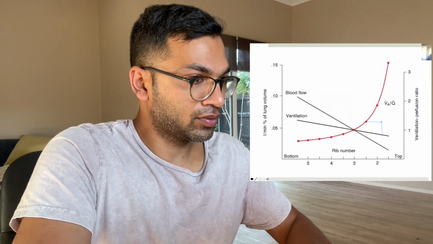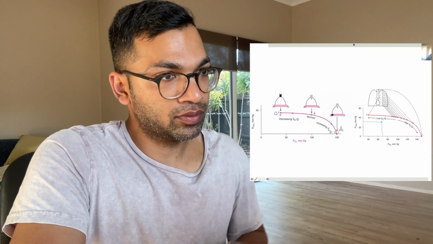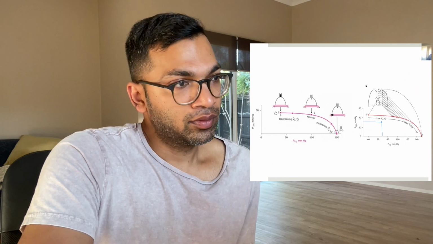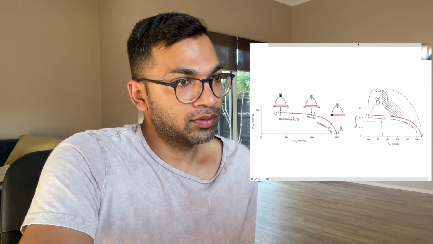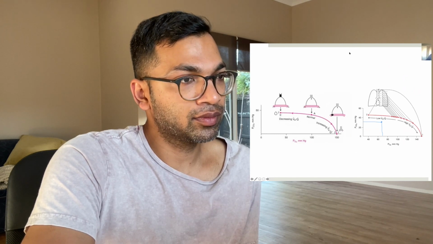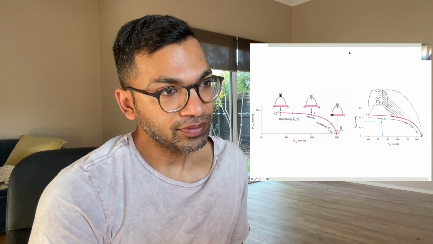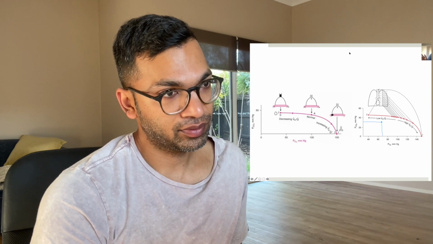I have a quick question building on what Mason and Luke said earlier about shunt and VQ mismatch. Wes talks about the 4 causes of hypoxemia, and this is probably just semantics, but he lists shunt as one of them, and then VQ inequality as another. In my head, I always have VQ inequality as a spectrum, with shunt at one end with a VQ ratio of 0, and dead space ventilation with a VQ ratio of infinity at the other end.